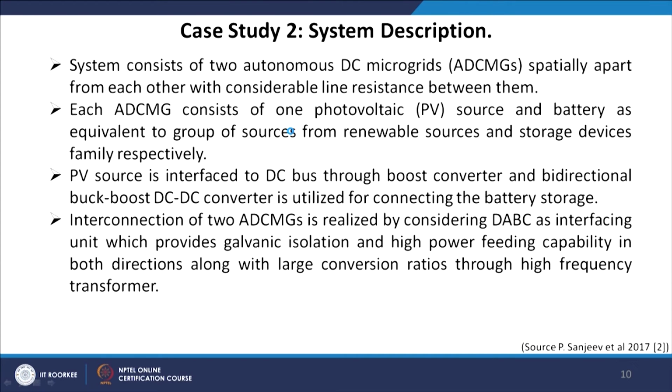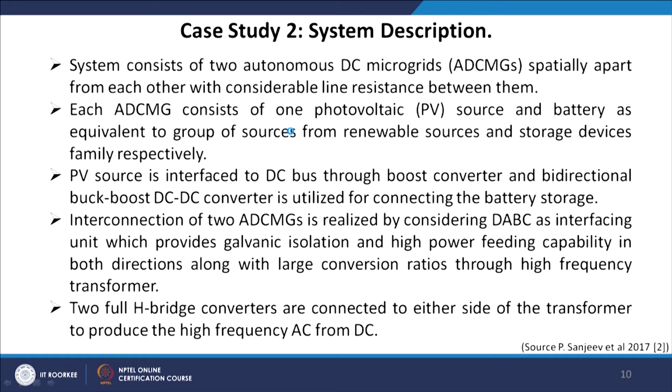Interconnection of the two DC microgrids is realized by considering a DABC as the interfacing unit, which provides galvanic isolation and high power feeding capability in both directions along with a large conversion ratio through high frequency transformers. Two full H-bridge converters are connected to either side of the transformer to produce the high frequency AC from DC.